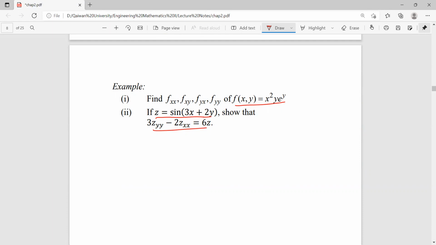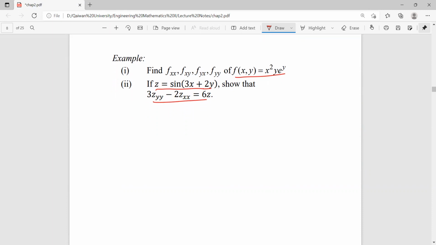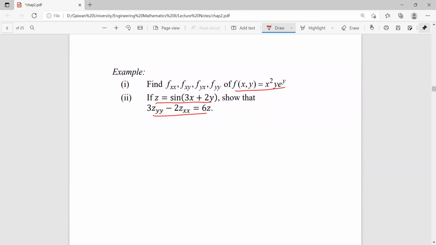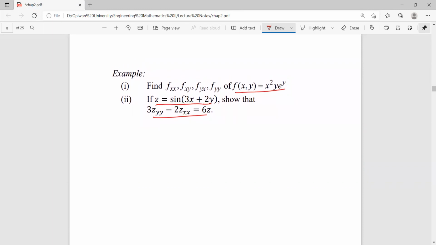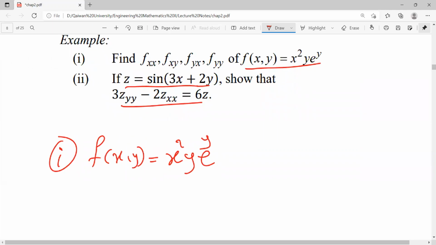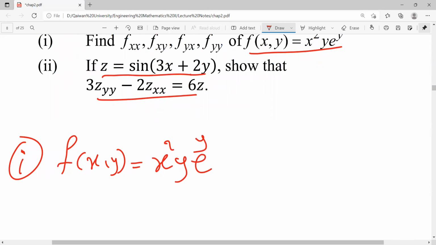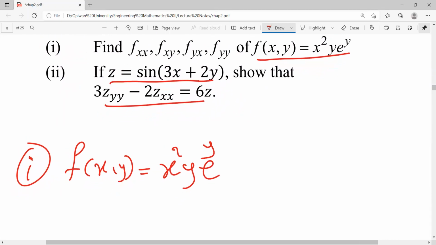Okay, we must show that for the second one. Here the first function, for part I, we have f of xy, which is x squared y e to the power y. To find f sub xx, f sub xy, f sub yx, f sub yy.